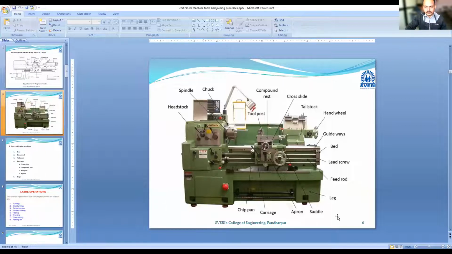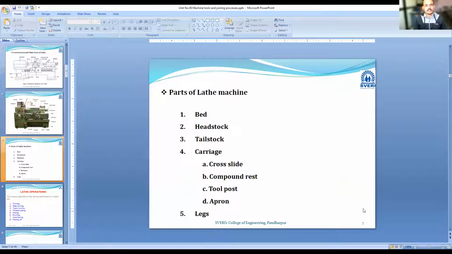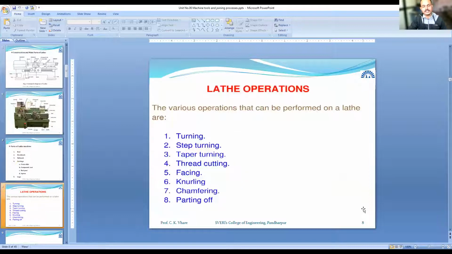Now this is the image of the lathe machine, and these are the different parts of the lathe machine: first the bed, headstock, tailstock, carriage, cross slide, compound rest, then tool post, then apron, then legs. And these are the operations that can be performed on the lathe machine.